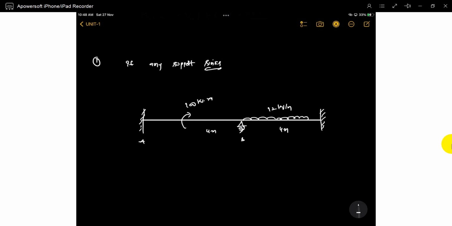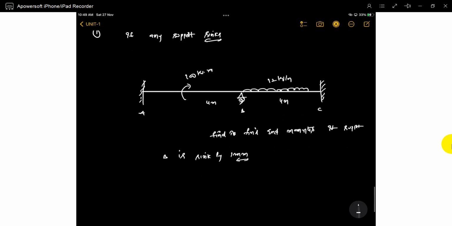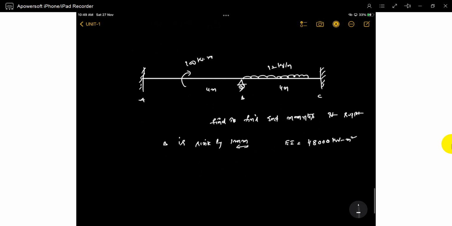A, B, C. Find the final end moments if support B sinks by 1 mm. Take EI as 48,000 kilonewton meter square. That's it.